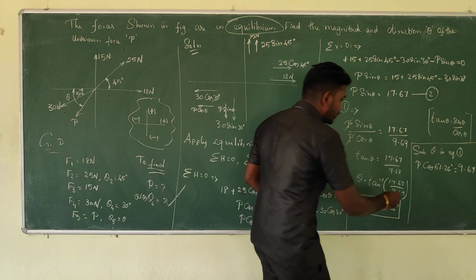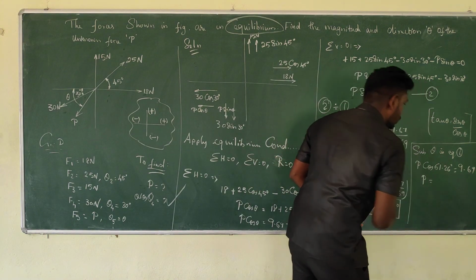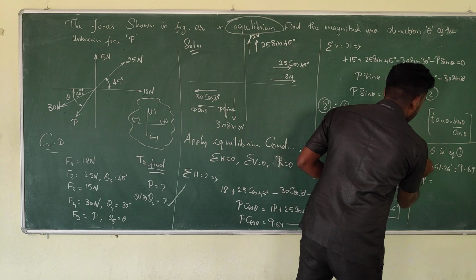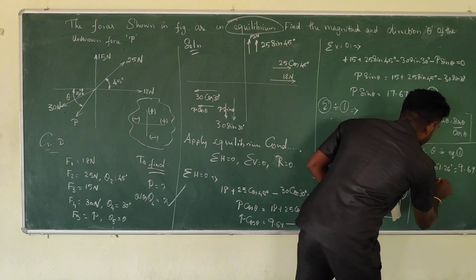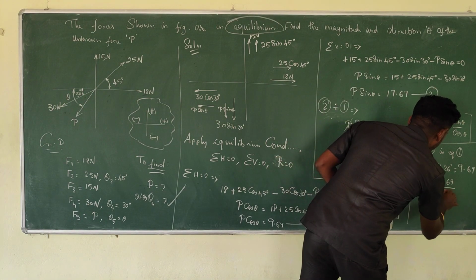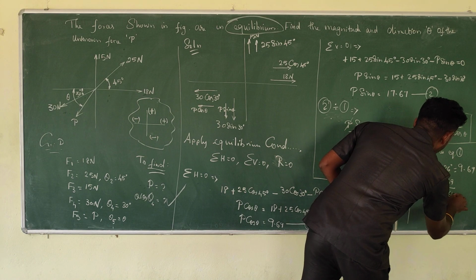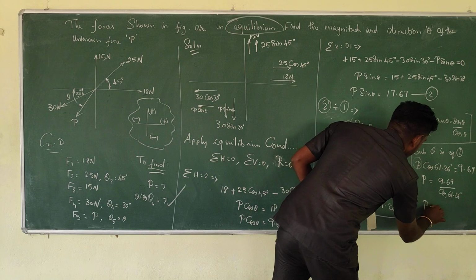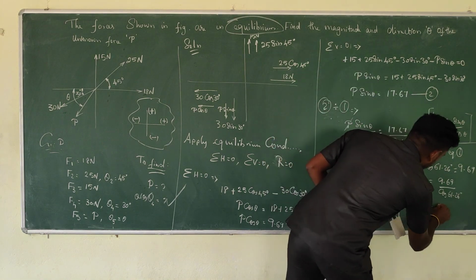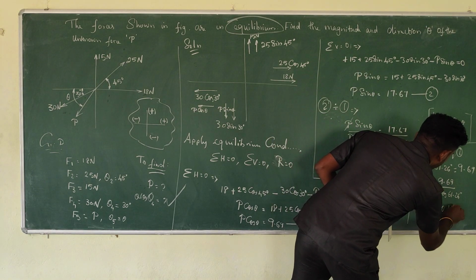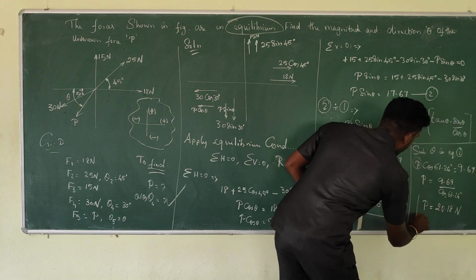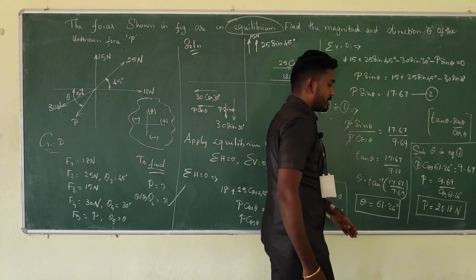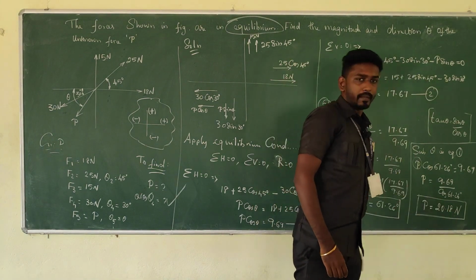So now P is equal to, do the cross multiplication in order to get the term P, 9.69 divided by cos 61.26 degree. So that you will get P is equal to 20.18 Newton. Always the force needs to be represented with the unit Newton.